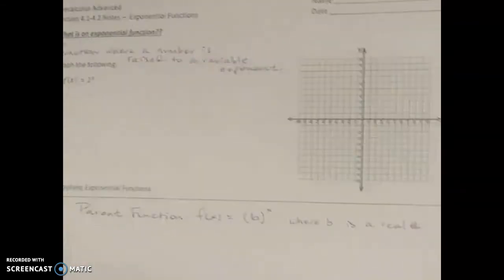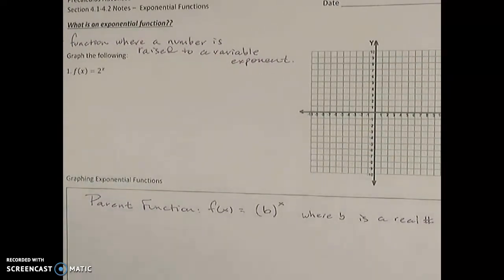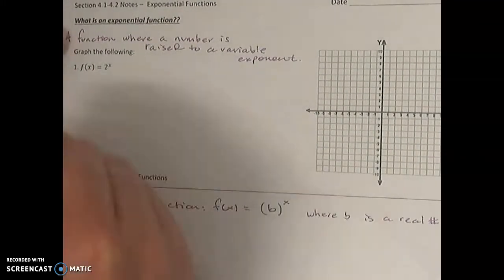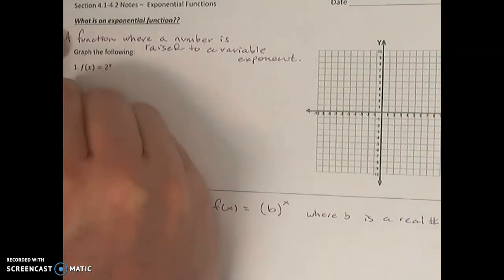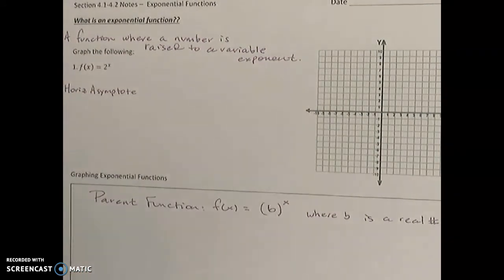Okay. So there are some properties of an exponential function that we need to talk about. Okay? All exponential functions have horizontal asymptotes. Now the parent function here is really any number to the x power.